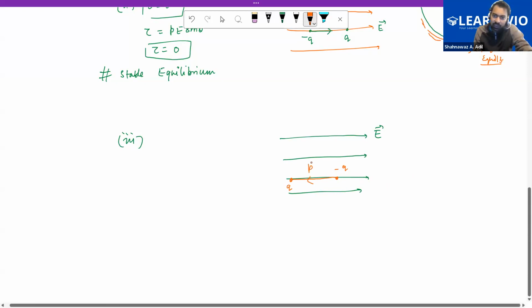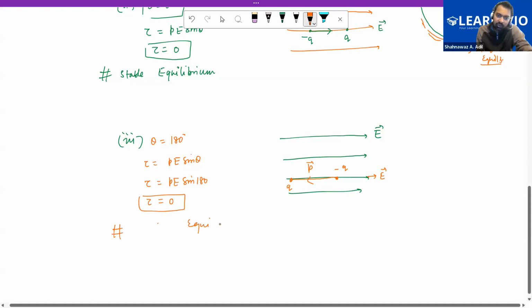This is P, and this is E. So theta has become 180 degree. Now your tau would be again PE sine 180. Sine 180 is how much? That is 0.